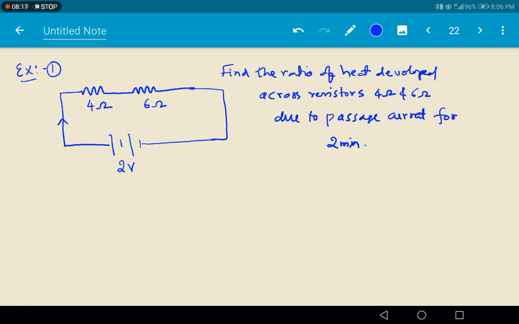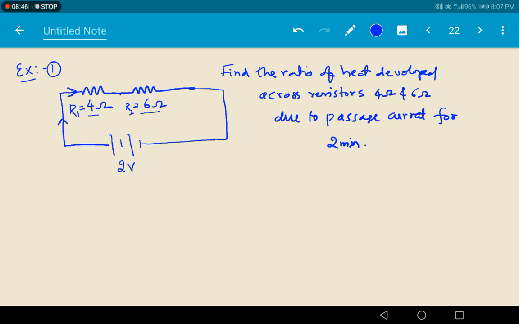Okay, let us solve this. First we should identify how many resistors are there in the circuit. Two resistors are there in the circuit. Let us name these two resistors R1 and R2. Now we should analyze which combination they are connected in, series or parallel. Obviously they are connected in series combination.